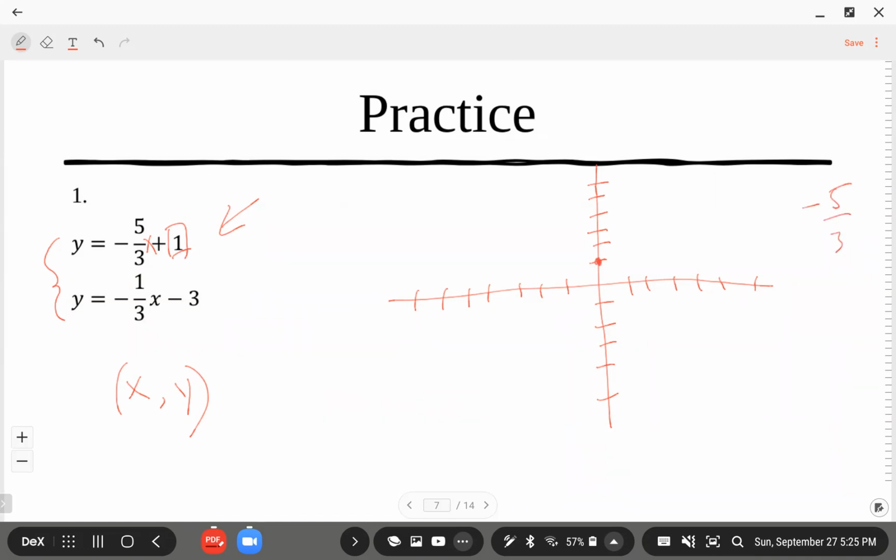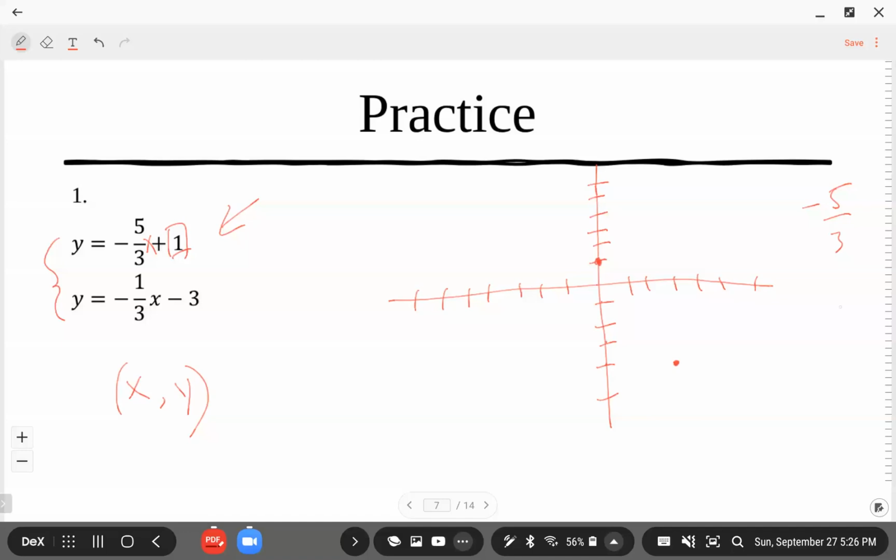So we have to go down by 5 and then to the right by 3. So let's go down 1, 2, 3, 4, 5. There we go. That's our point. If I'm not mistaken, yes, that is. So that should be our point.